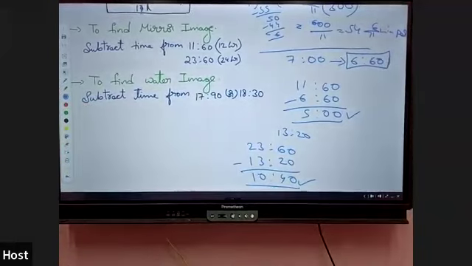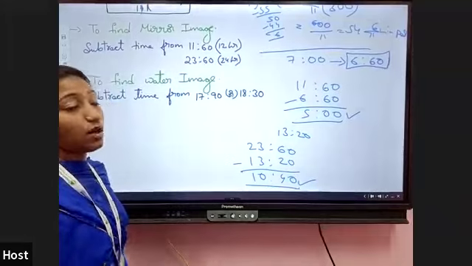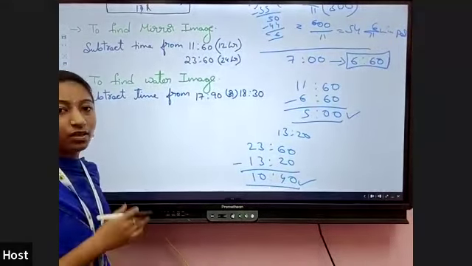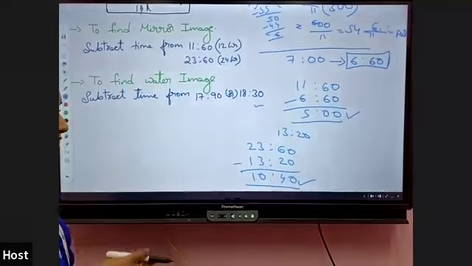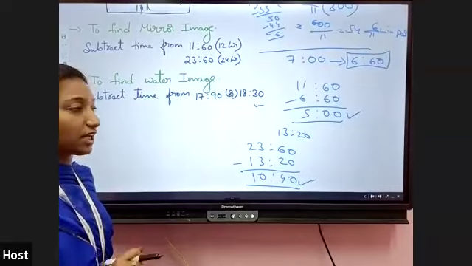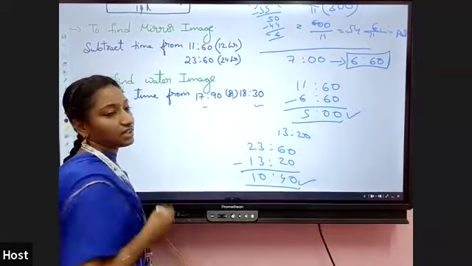Coming to the water image, subtract the time from 17:90 or 18:30. When the minutes of the time is below 30 or exactly 30, we should subtract from 18:30. When the minutes is above 30, like 31 or 45, we should subtract from 17:90.